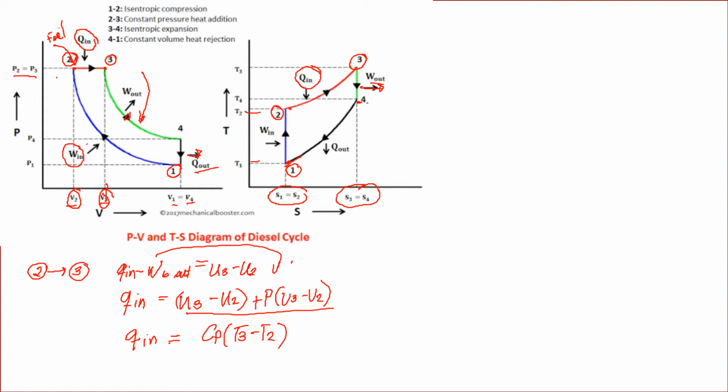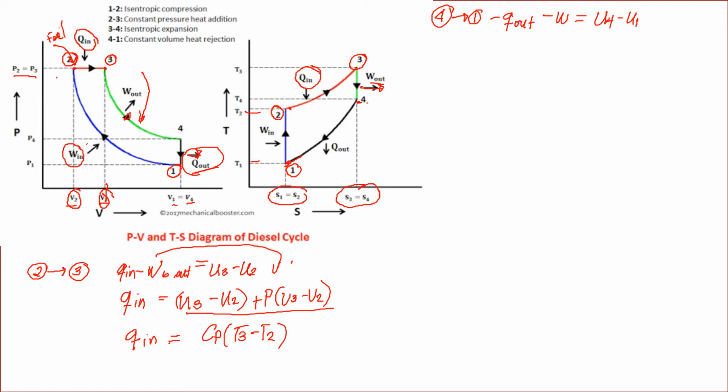Now, if we also take a look at 4 to 1, the heat rejection, we have an outgoing heat. So this means Q out minus work equals U4 minus U1.